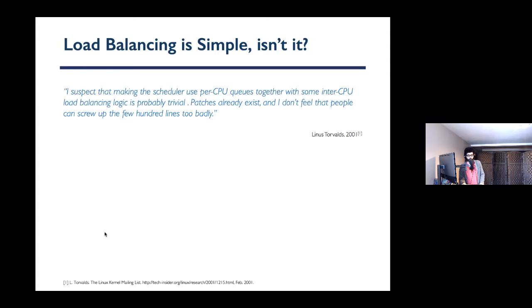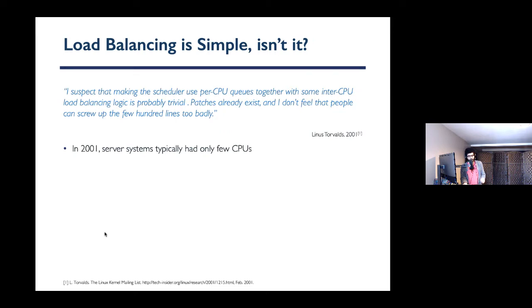And I don't feel that people can screw up the few hundred lines of code too badly." So he was saying that we have a good scheduler for a uniprocessor, now we are moving to a multiprocessor, it shouldn't be that hard, and we shouldn't be messing it up. I got a question I will answer after this slide. So let's see how that went.